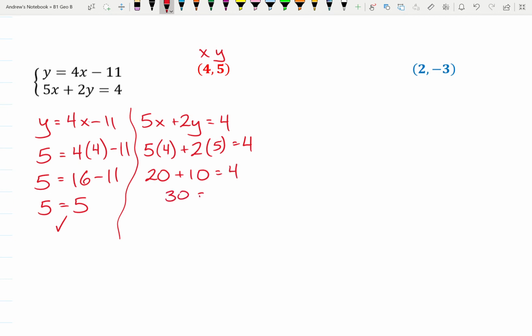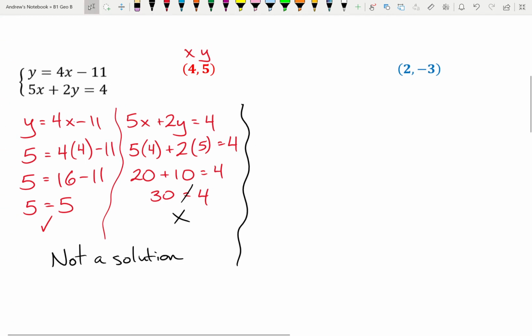Oh dear, 30 is not equal to 4. Don't go home and tell everybody, oh my god, Mr. Pog said 30 is equal to 4, because it's not. So this one is not a solution, because it worked for one of them, but that doesn't mean anything if it doesn't work for both of them. So let's try out 2, negative 3.